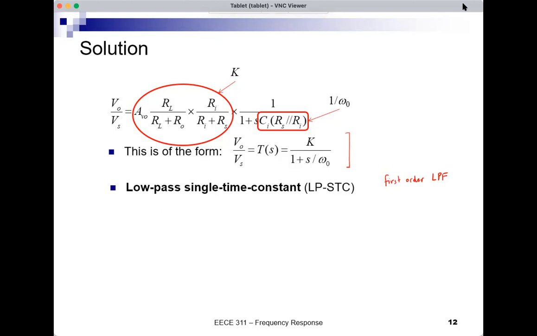So this amplifier is amplifying, providing gain, but also acting as a low pass filter. What does the low pass filter do? It filters, right? And the low pass. So the low frequencies pass.